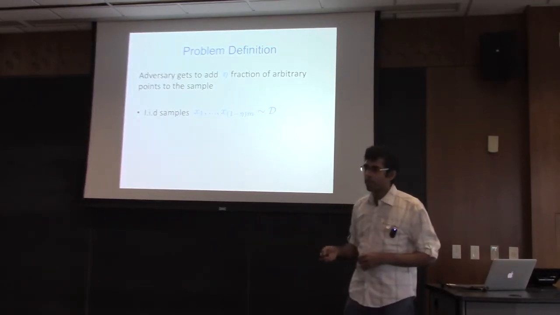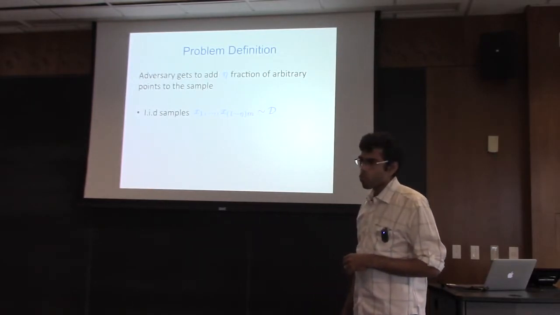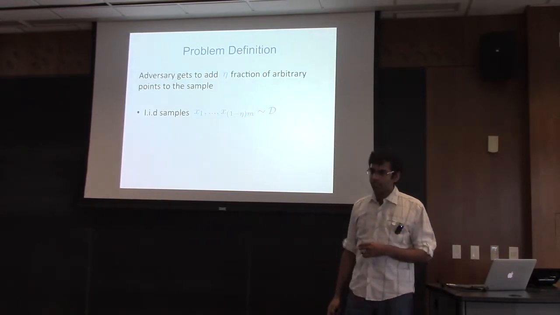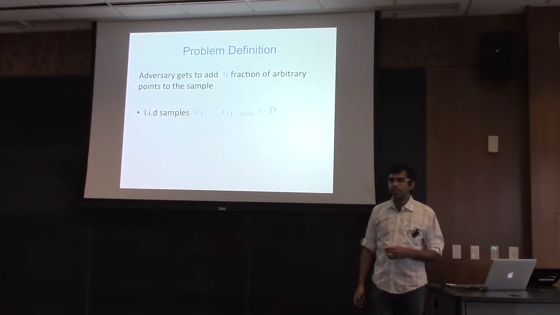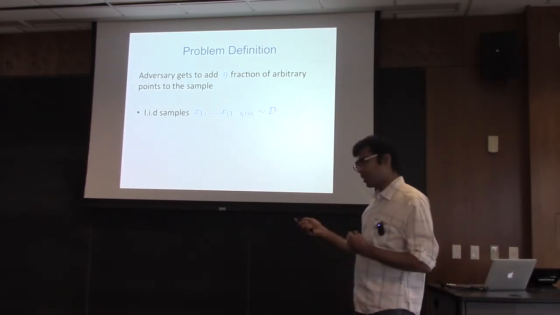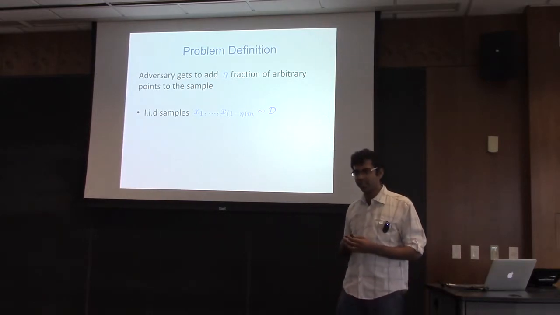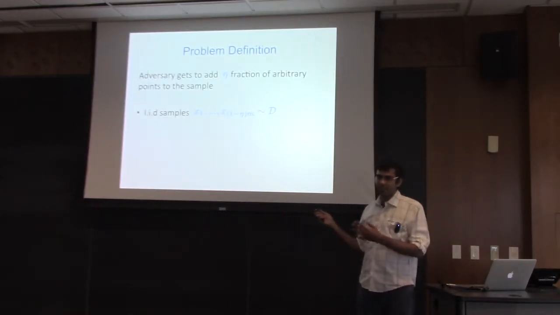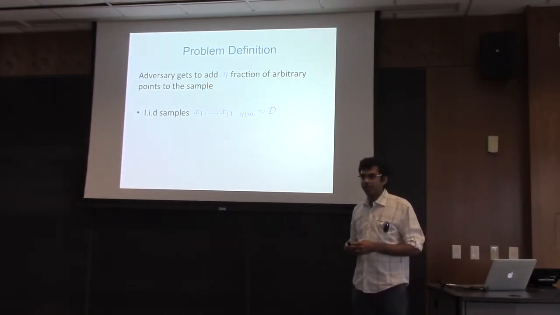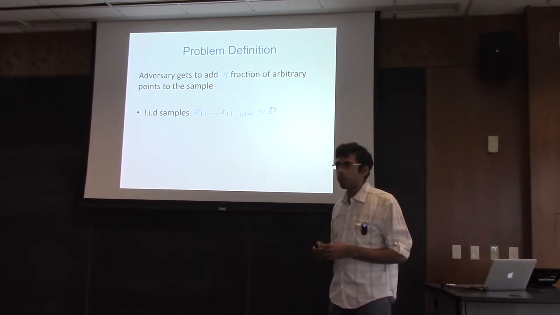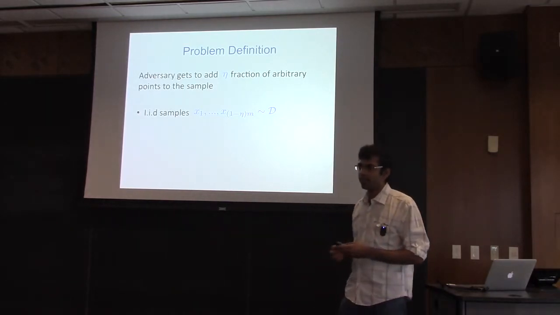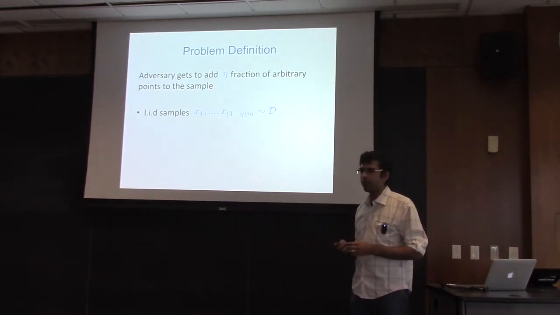A simpler model would be that the combination of your original sample and your noise forms a new distribution, and how does its mean and variance compare to the one you want, right? Right. And that's probably well studied, I guess? Yes, that's the one usually studied in robust statistics. This is slightly stronger. So the adversary can see the sample you get. Yeah, the adversary can see the sample and then pick the eta fraction of the points.